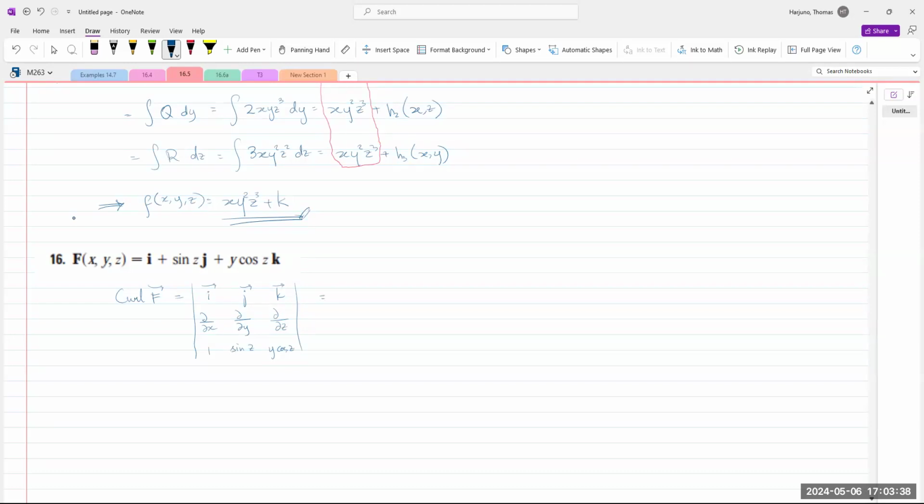That will be cosine z minus cosine z, negative of 0 minus 0, and then 0 minus 0. Oh, okay. So this is actually equal to vector 0. So it means this vector field is conservative.